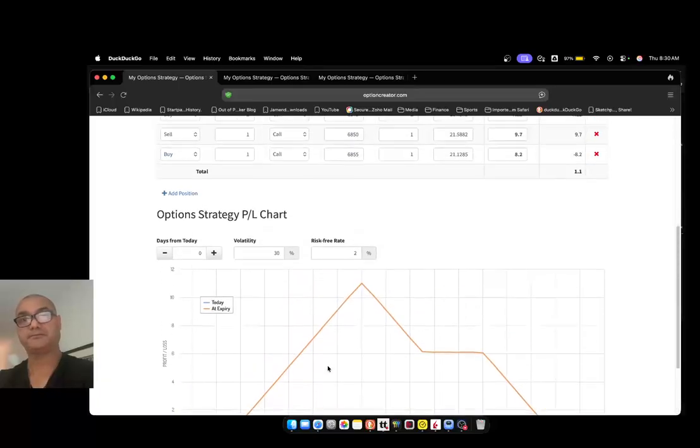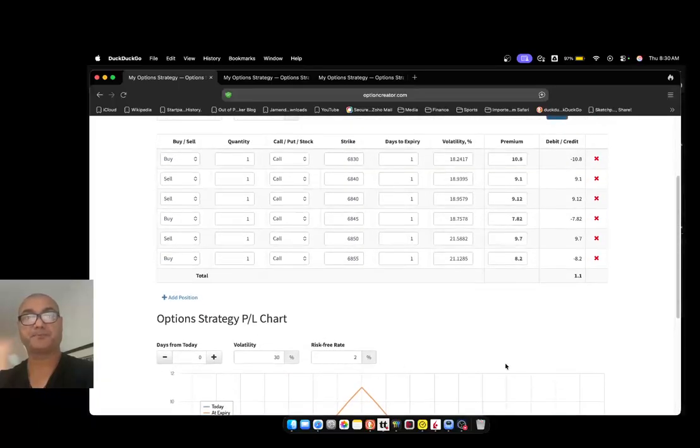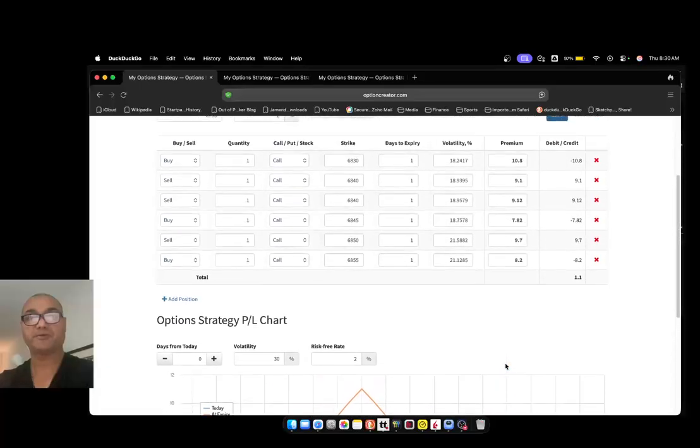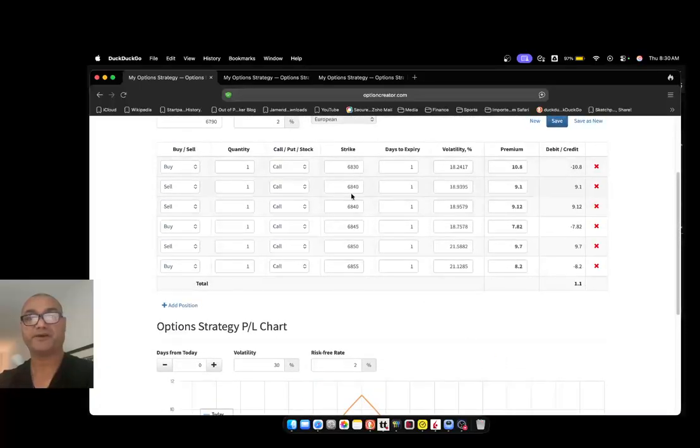But anyway, this is the way I started. This is what I ended up with, and it started with, again, a 5 wide. It was 35 to 40. 35.40 were the strikes. I bought that for $1. I extended it on a rally, so I made it a 10 wide, and then from there, I added on.